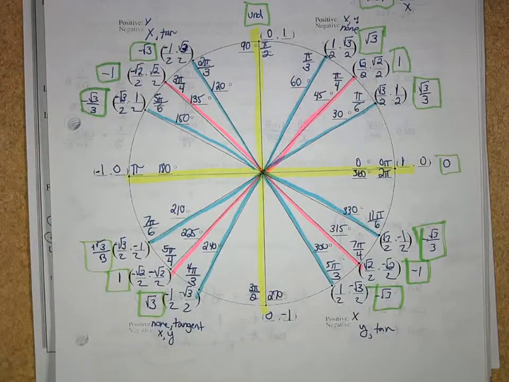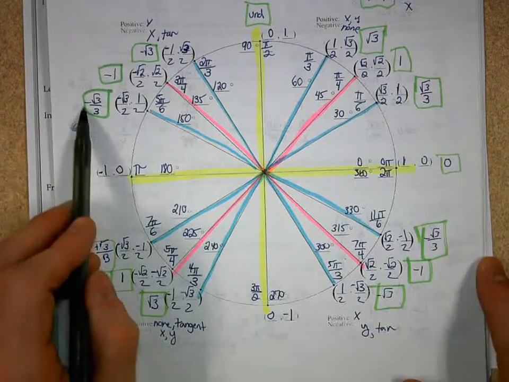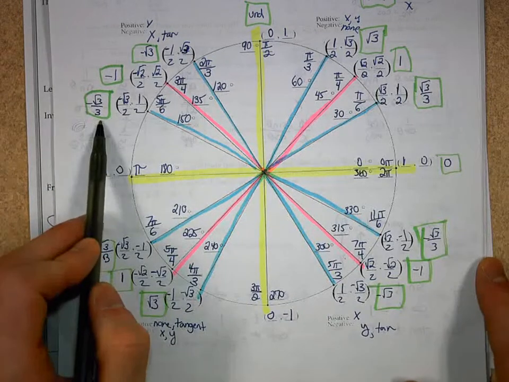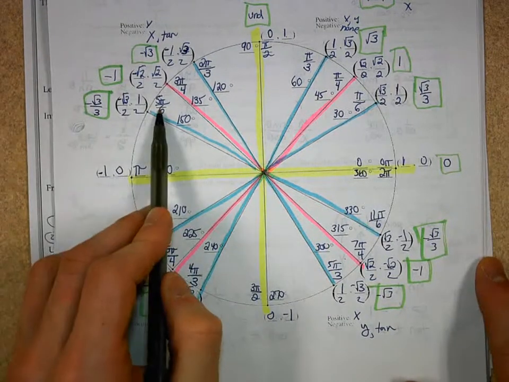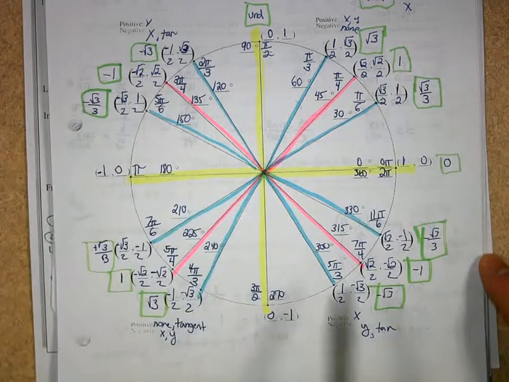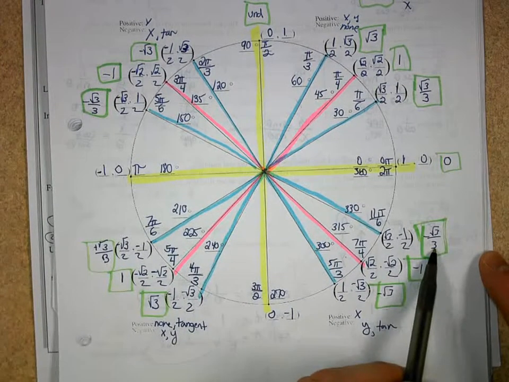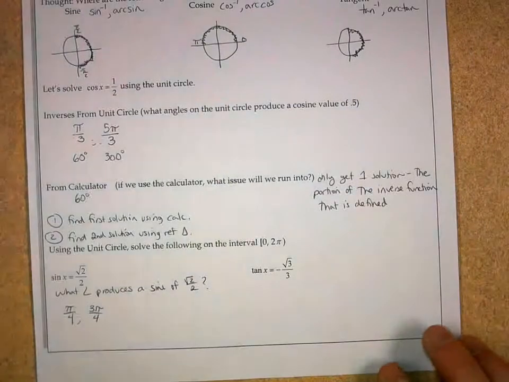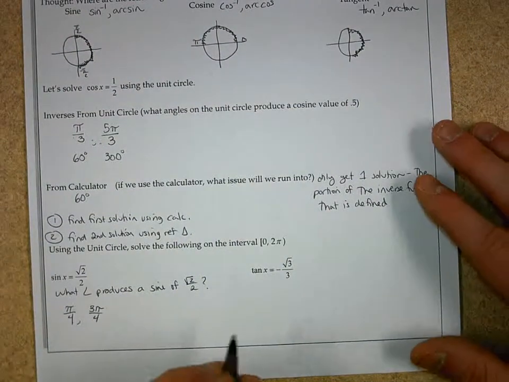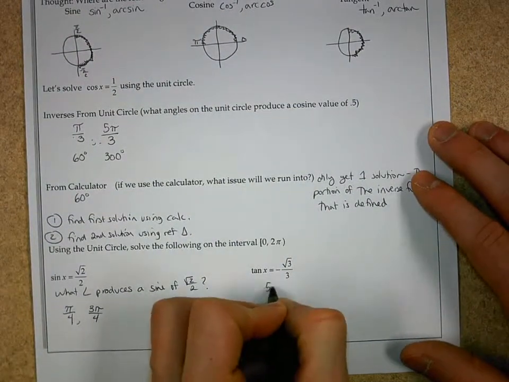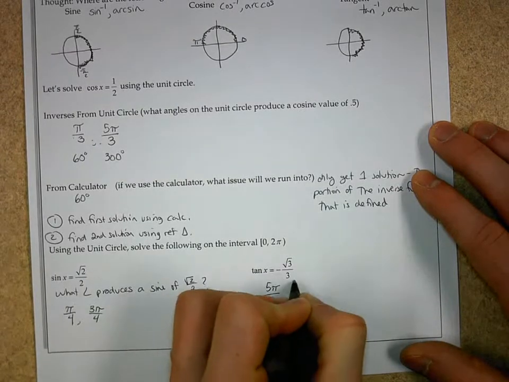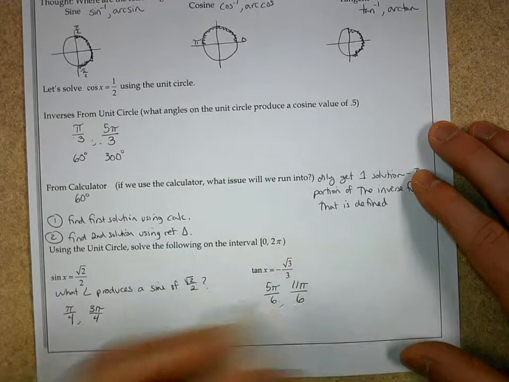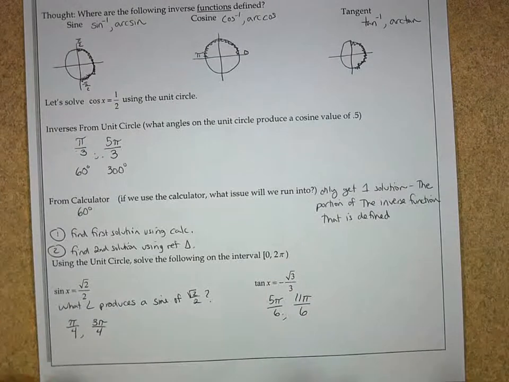I said we're going to be negative in the second and the fourth quadrant. Here's my negative square root of 3 over 3 in the second quadrant, which is 5 pi over 6. And then my negative square root of 3 over 3 in the fourth quadrant is at 11 pi over 6. So the two values for x are going to be 5 pi over 6 and 11 pi over 6.